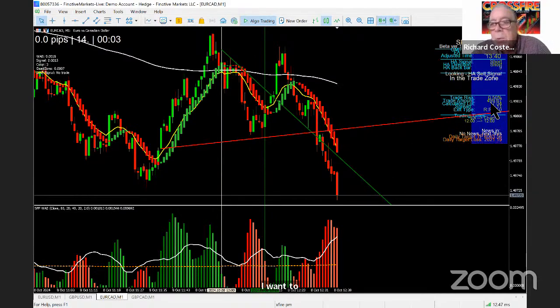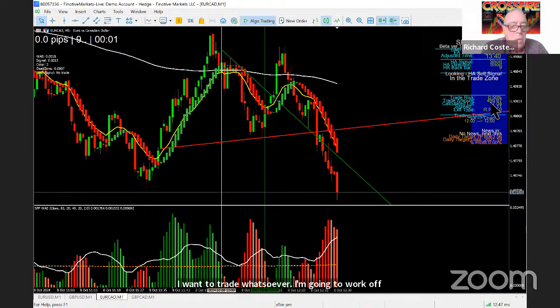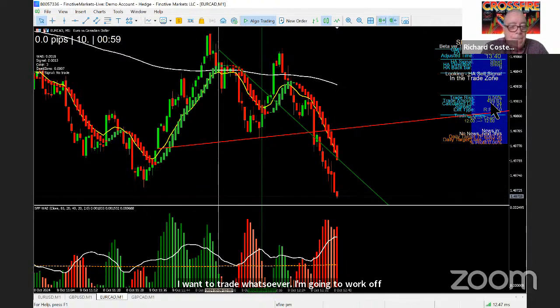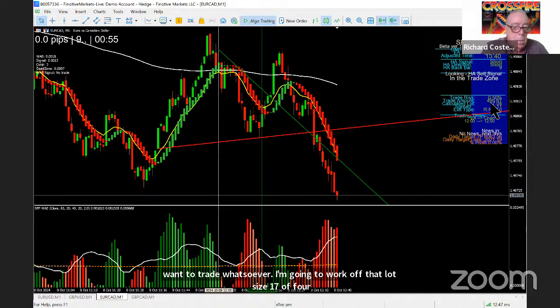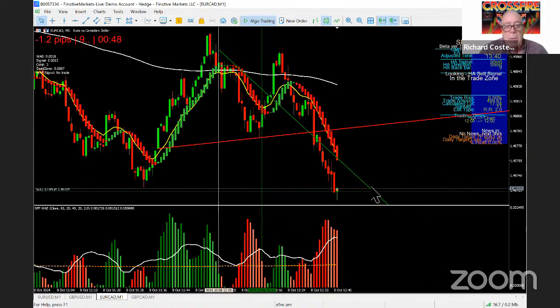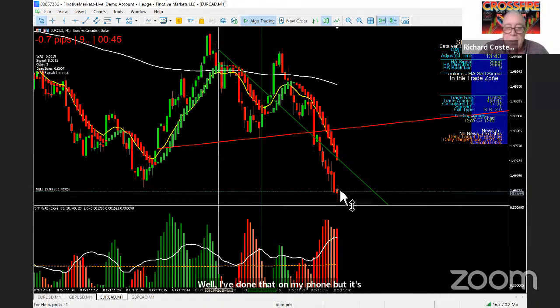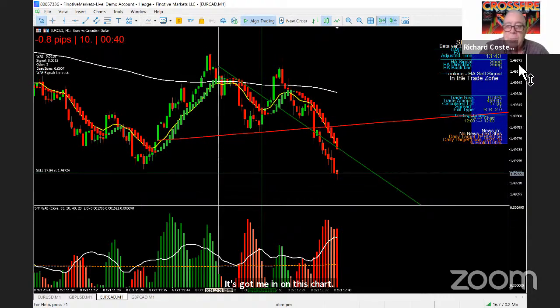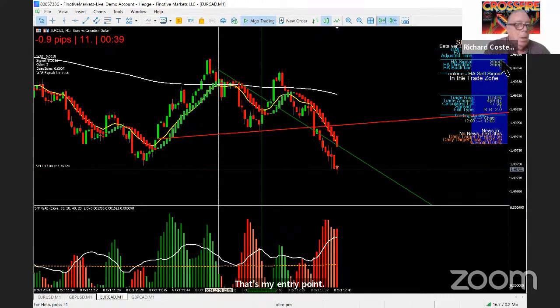I'm going to work off that lot size 1704. And I'm going to go in for a sell. So I've done it on my phone, but it's got me in on this chart. That's my entry point. I need to set my stop loss. And I do this on the phone.